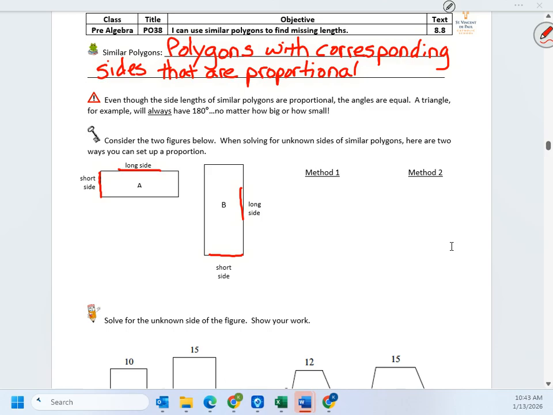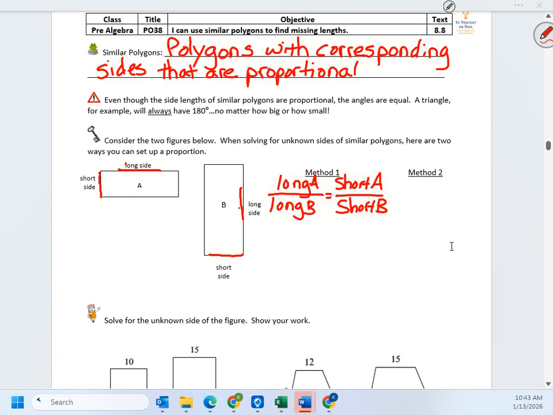So the way we're going to set up our proportions, method 1 says the long A is over the long B, and that equals short A over short B. So we can see the long and the long are over each other.